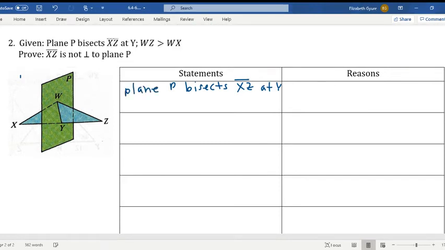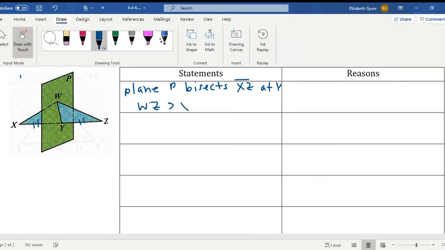We got a bisector there. We're going to have some congruent segments down at the bottom, right? And we know that the measure of WZ is greater than the measure of WX.